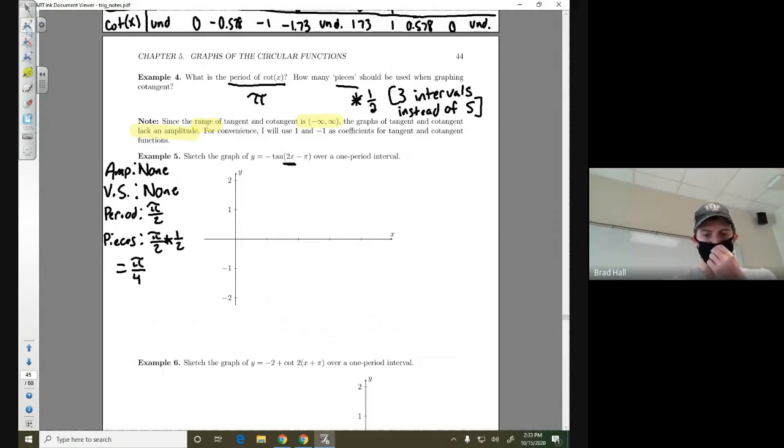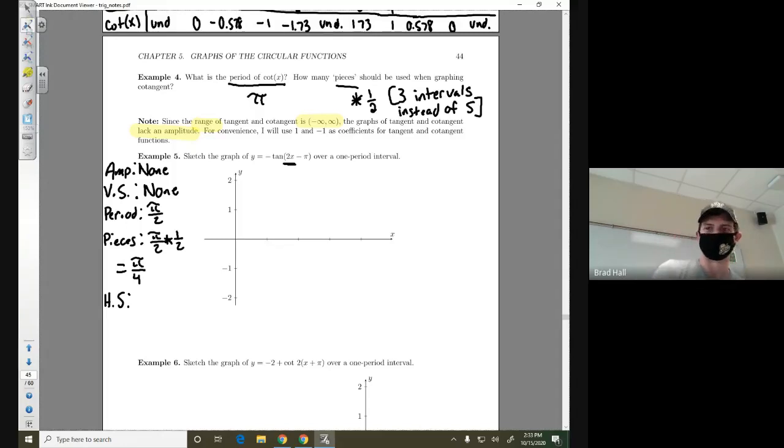And now, before we state the interval, we talk about the horizontal shift. Logan, you want to take a crack at the horizontal shift? If not, that's fine. To the right pi? Or no, to the right pi over 2?